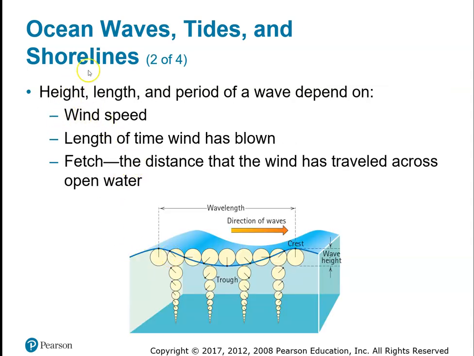All right, and so the ocean waves, we'll get to the tides shortly. The height, the length, the period of the wave depends on the wind speed, the length and time that the wind has been blowing, and the fetch, which is the distance that the wind has traveled across the open water. That's just what it's called.